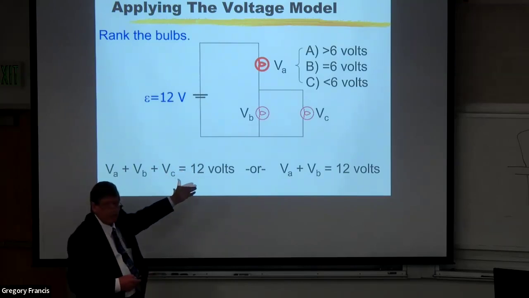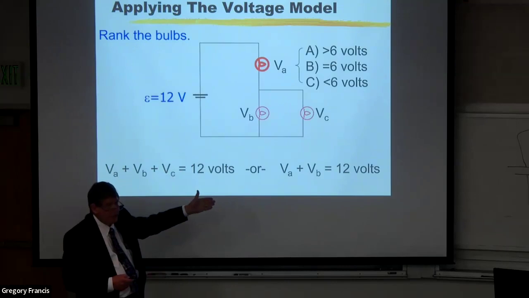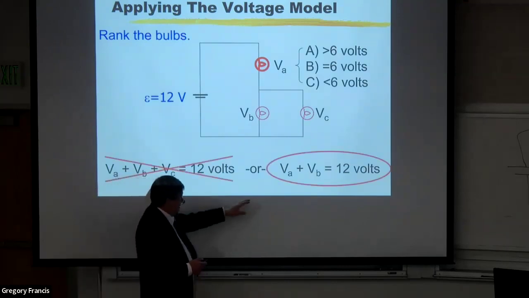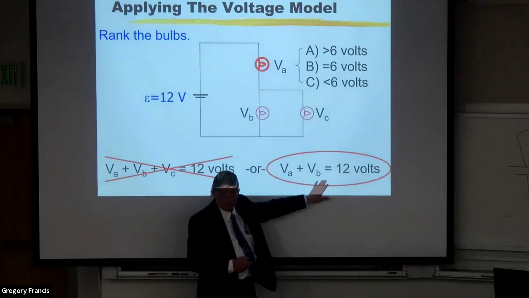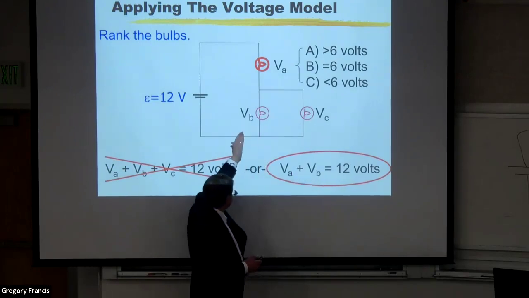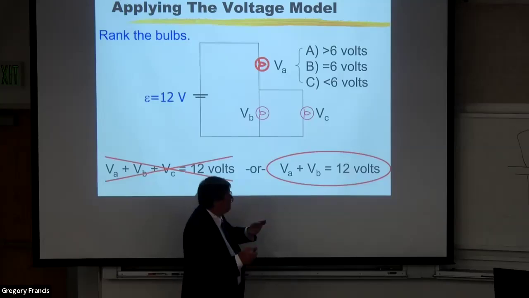He either goes through B or he goes through C, but not both. And so that means this is the correct model. Any one path has to add up to the 12 volts of the battery. And the one path is either A plus B or A plus C.